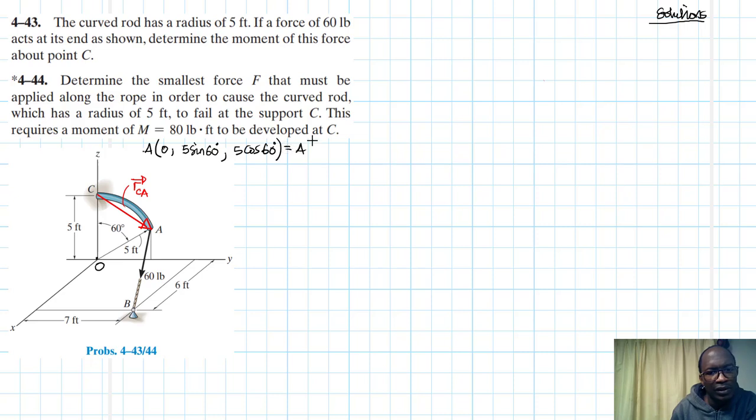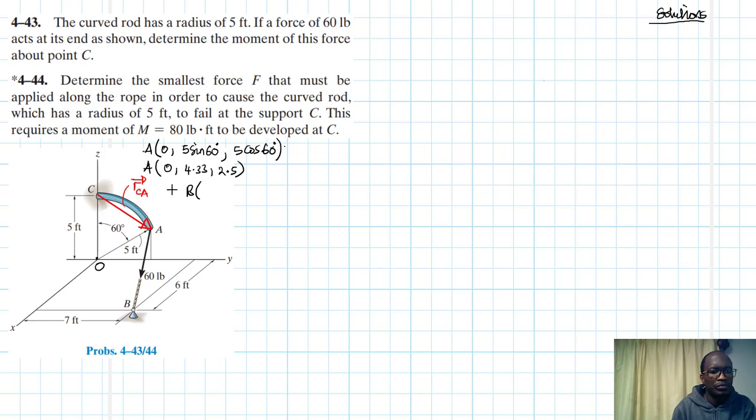Therefore, this gives us 0, comma, 5 sine 60, which gives us 4.33, comma, cos 60 is 0.5, therefore this is just 2.5. So we found A. Let's find B.